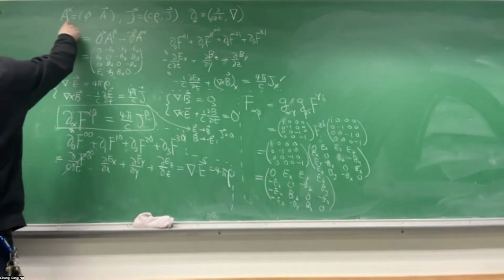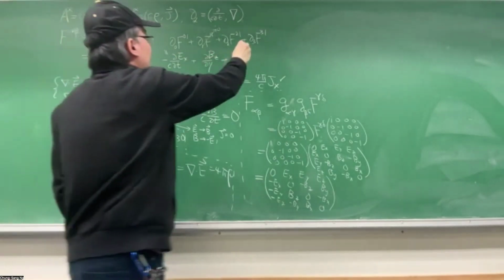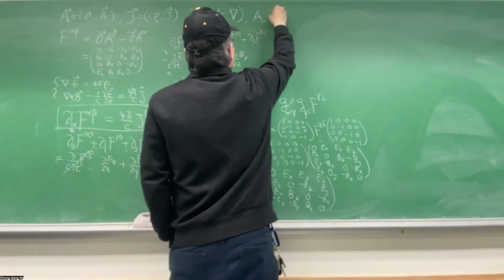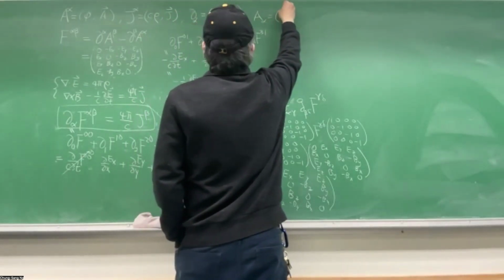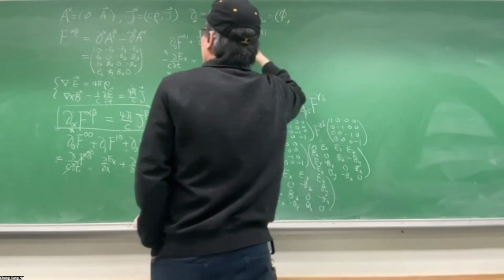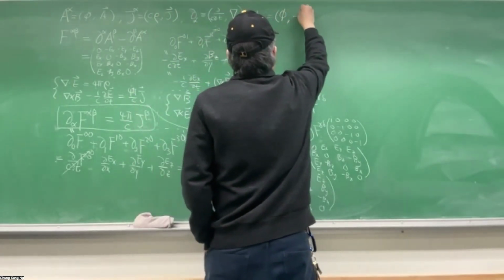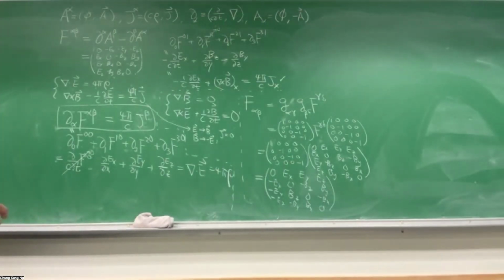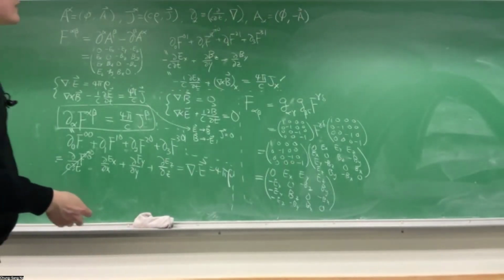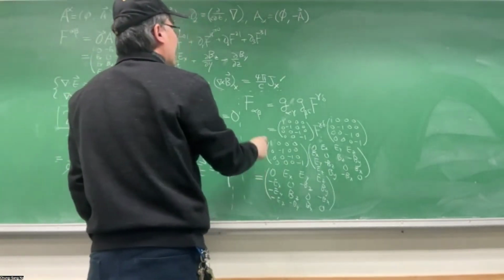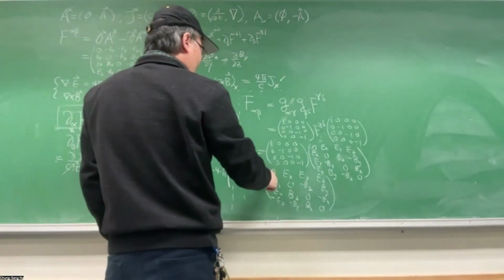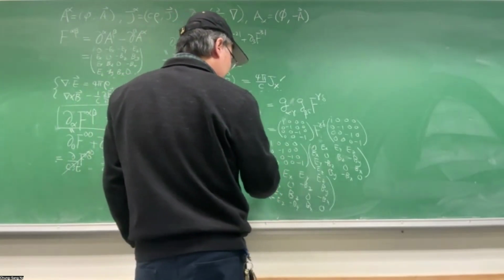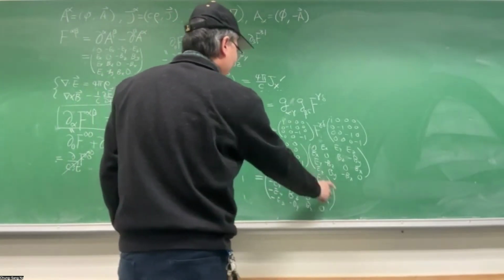You change this, like for A, you change to the A subscript. Then the first element is unchanged, then the spatial part changes sign. But this is just for the 4-vector. It's like that. For a tensor it is different. It's the first row and first element that change sign, I mean change sign, and then the rest unchanged.